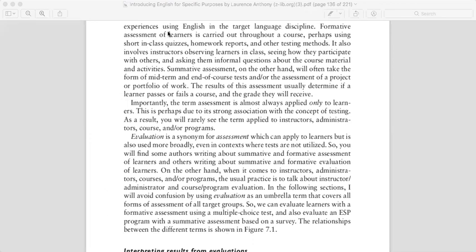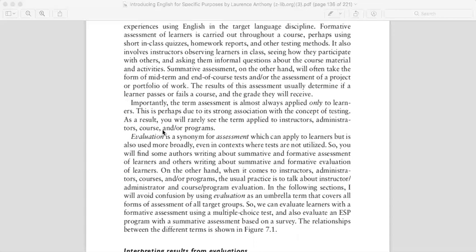Okay, there we are. So I was talking about how we differentiate between the three terms: test, assessment, and evaluation. Evaluation is a broader term. How is evaluation different from assessment? Assessment is basically related to the students.